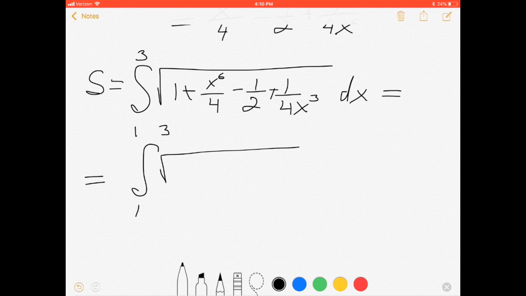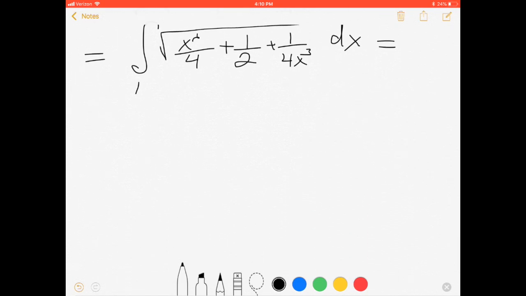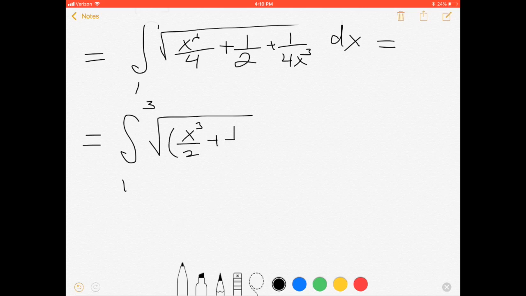If we simplify a little bit, we have plus 1 half and plus 1 over 4x cubed, but this is exactly a full square. The square root of (x cubed over 2 plus 1 over 2x cubed) squared dx.